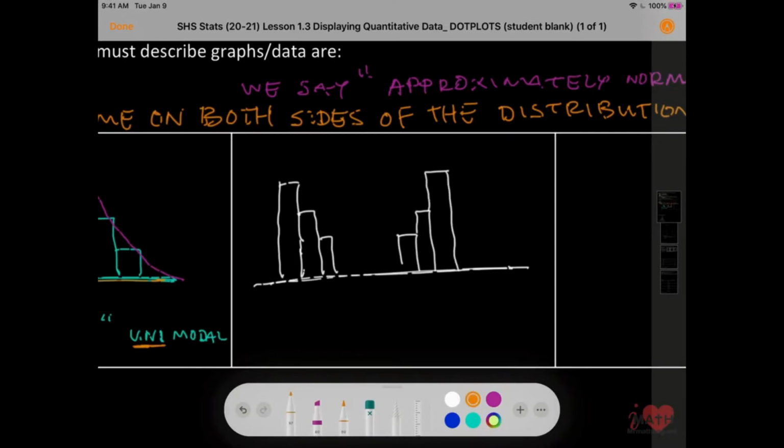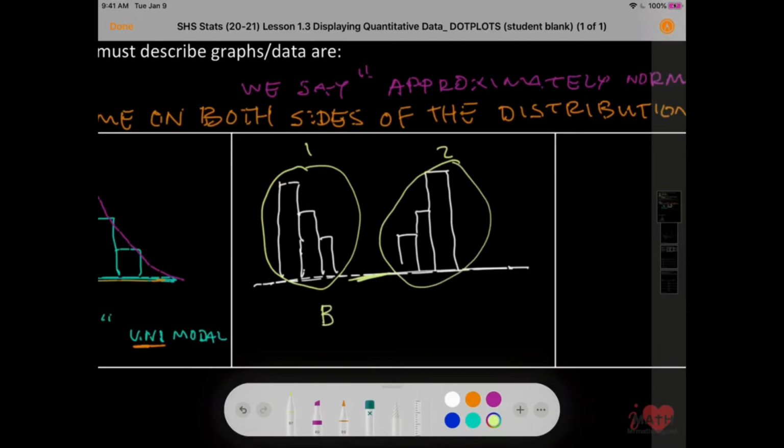So this one, they would say there's kind of 2 chunks. There's 1 and there's 2. Do you see the gap in between? So this, they would say, is bimodal. There are 2 kind of big chunks of data.